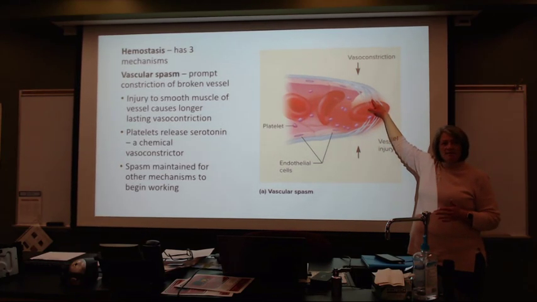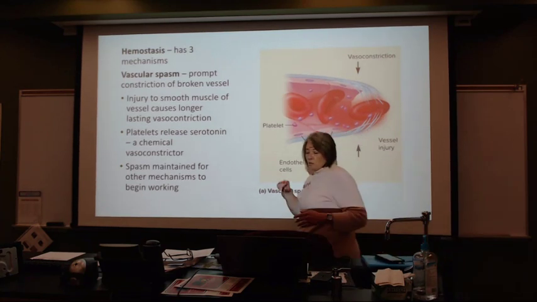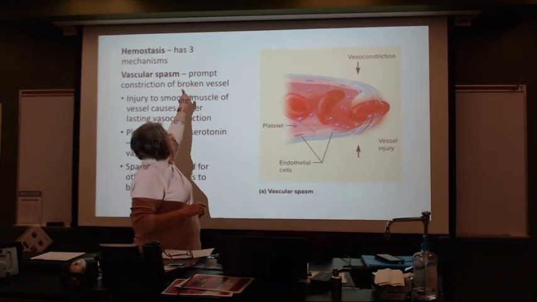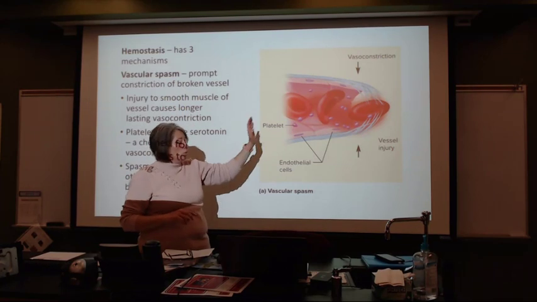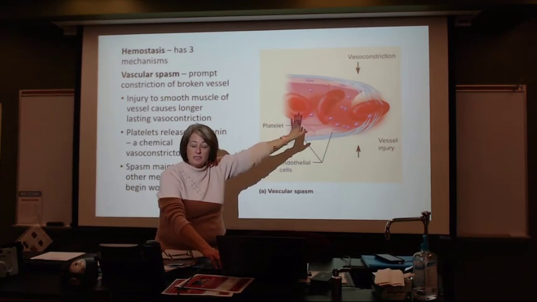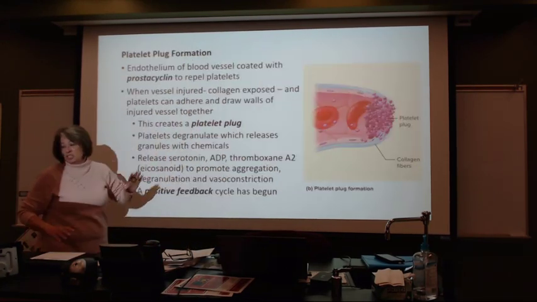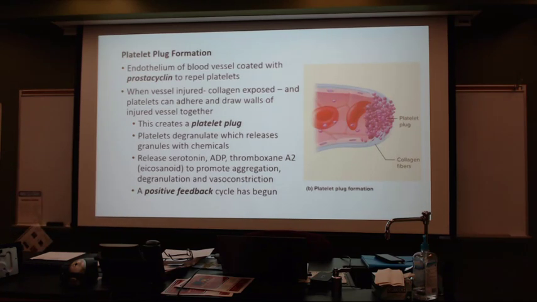Does that make sense? So the first thing that will happen, we'll have the vascular spasm, we'll get materials released that are going to help with constriction, and the next thing that's going to begin to happen, we're going to form the platelet plug. So all of those little fibrous pieces, because we have fibroblasts, they get to come in and we get to form a mesh.